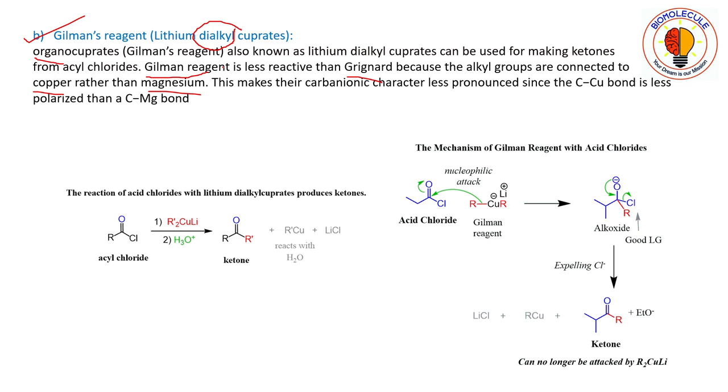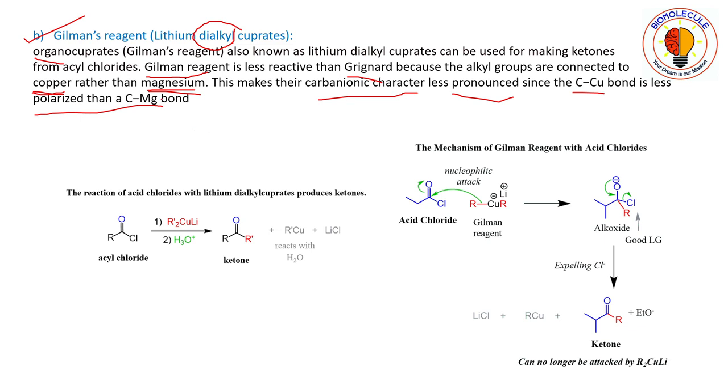Similarly, like dialkyl cadmium, these dialkyl cuprates are also less reactive than Grignard. Why is it less reactive? Because the alkyl groups are bonded to copper rather than magnesium. This makes their carbanionic character less pronounced since the carbon-copper bond is less polarized than the carbon-magnesium bond.